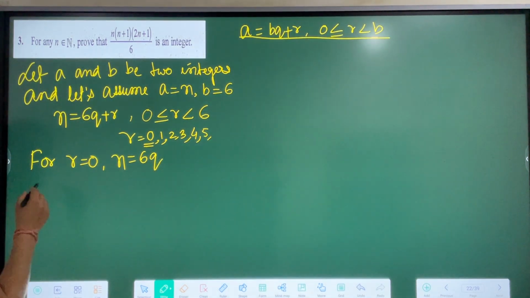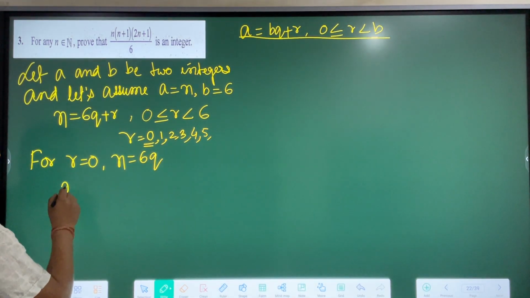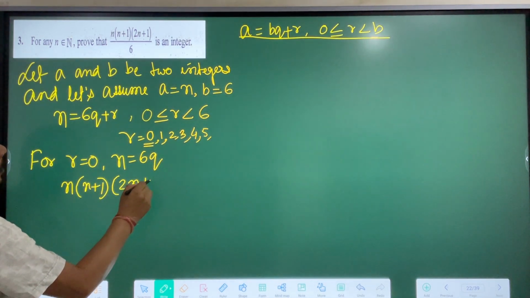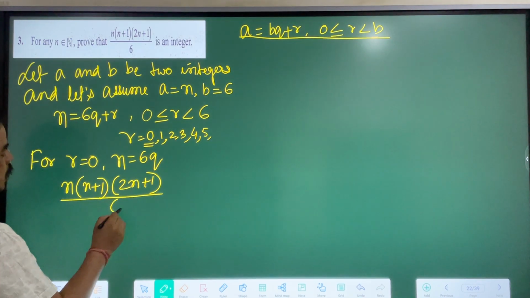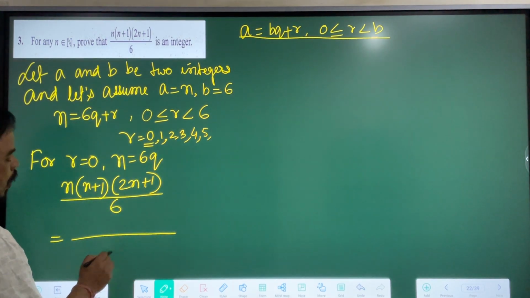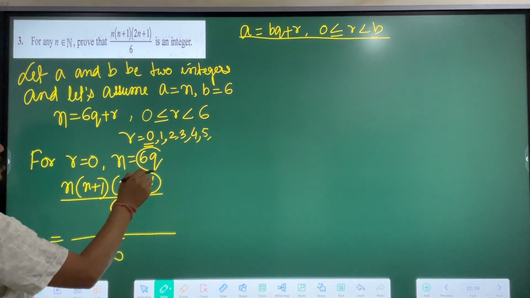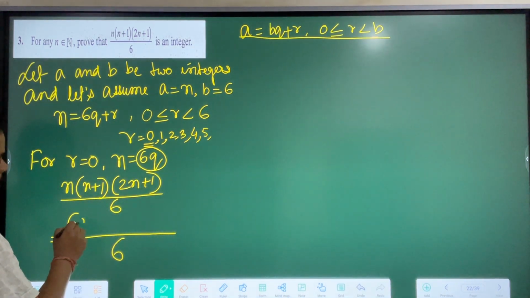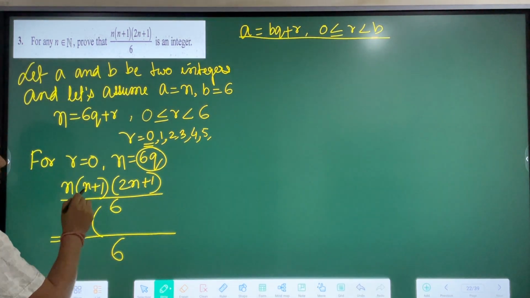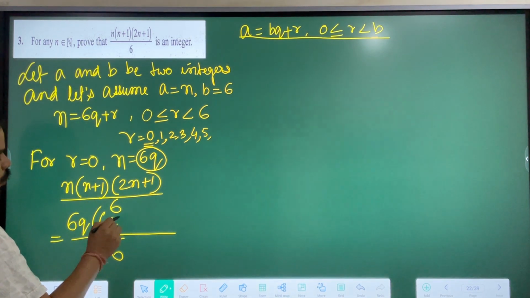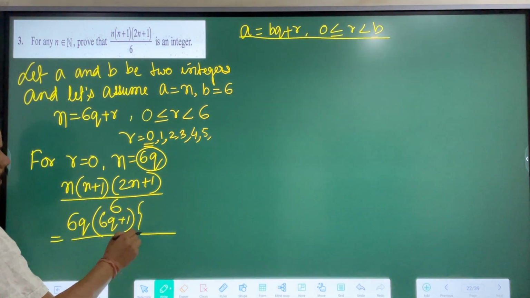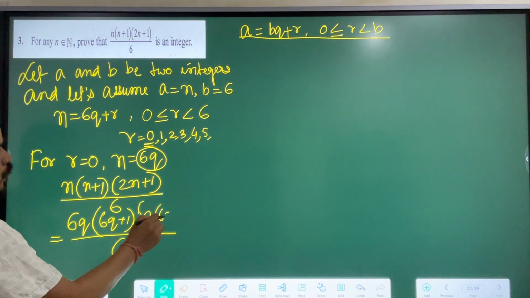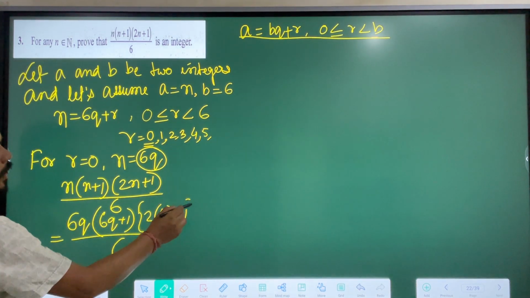So now in the expression n into n plus 1 into 2n plus 1 by 6, we will put the value of n, what? 6q. n is how much? 6q. 6q into n plus 1, 6q plus 1, 2n plus 1, 2 into 6q plus 1.